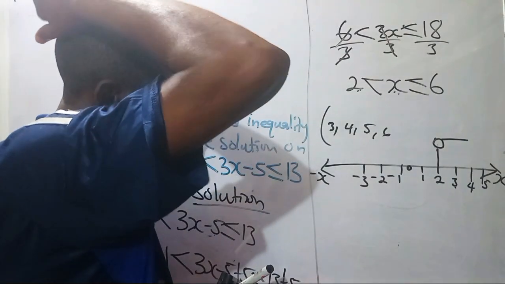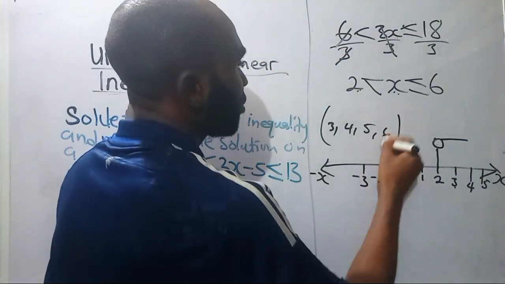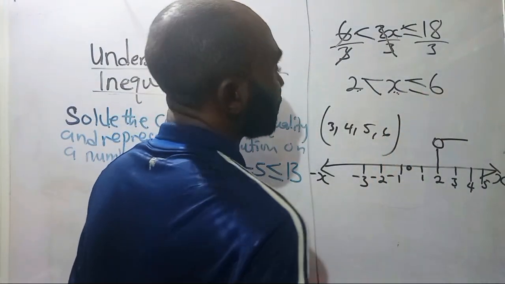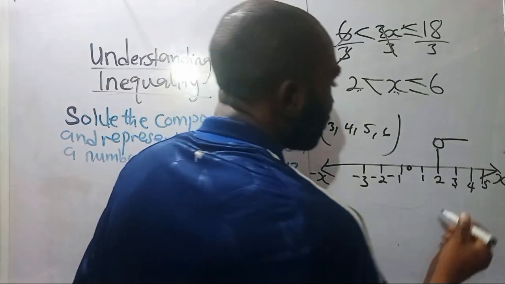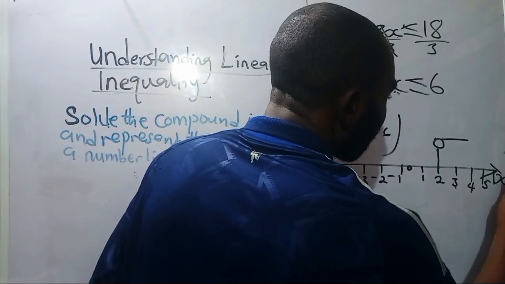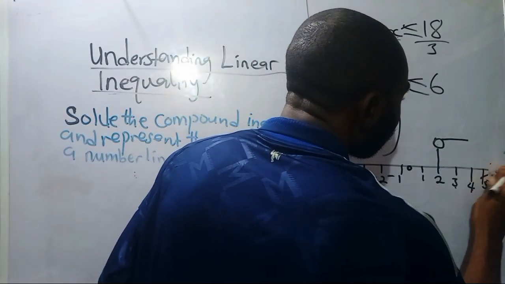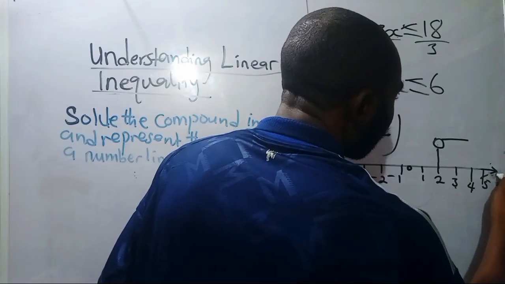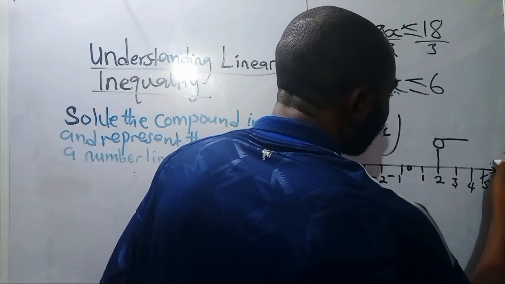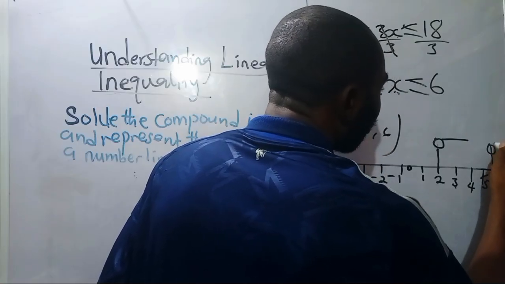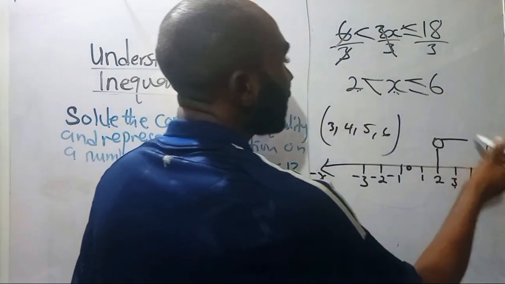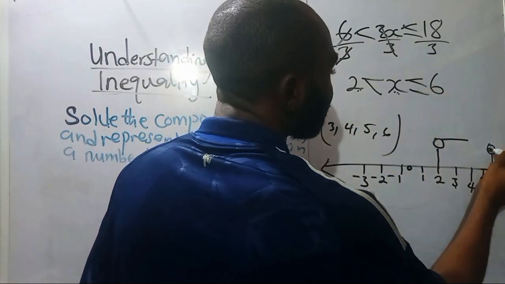Then for here, x is less than or equal to 6, so let's extend this to be 6. I will now draw on 6. When it is equal to, you shade it.